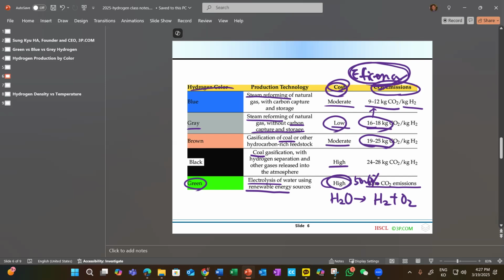So we would like to understand the cost. Well, efficiency is not shown here, but the cost and the CO2 emission.